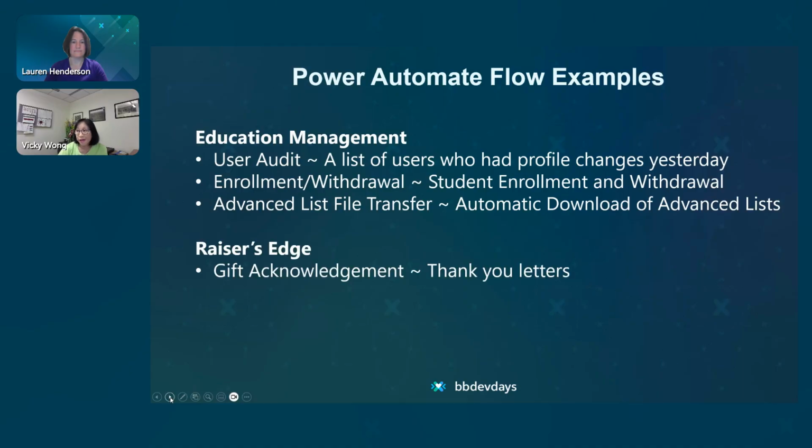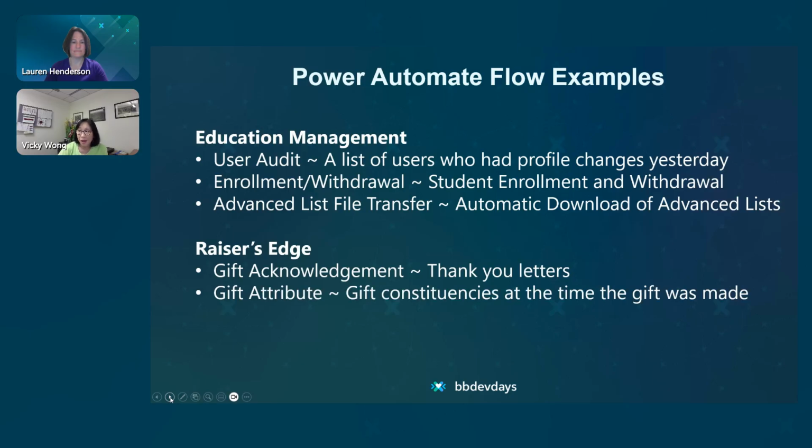On the Raiser's Edge side, as you know, we have gift acknowledgement flows, and there are flow templates for gift acknowledgement letters. I don't know if there are any advancement folks here. I've created this gift attribute flow, which at some point I will make shareable. It's with regards to gift constituency at the time the gift was made.